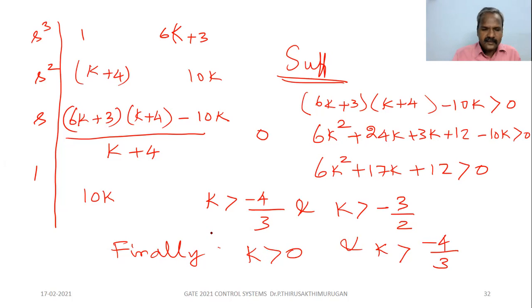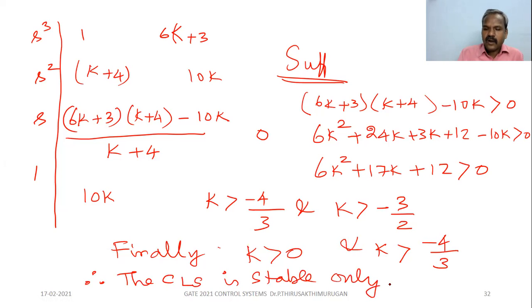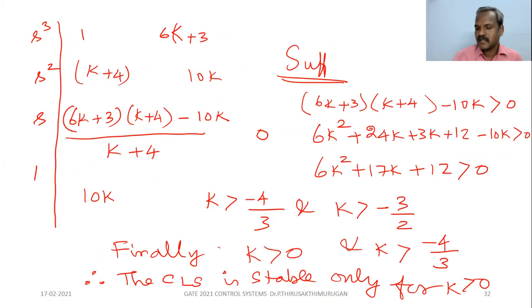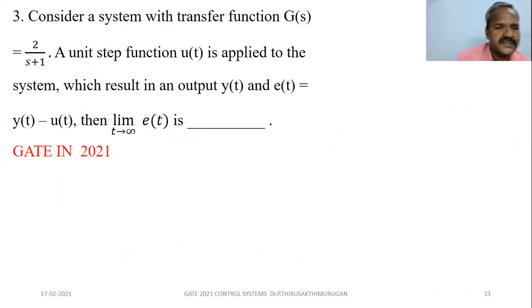Okay, you see that? So which is the correct answer? Please tell me. Stable only for k greater than 0. Understand? So next question. So let's see the next question.